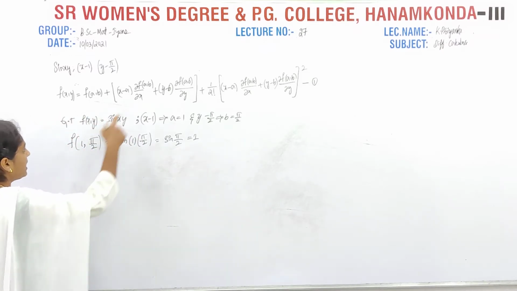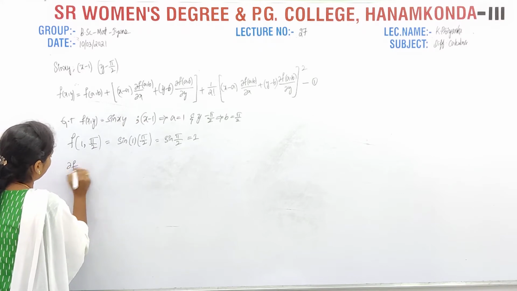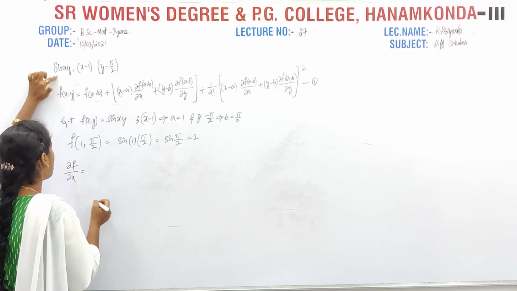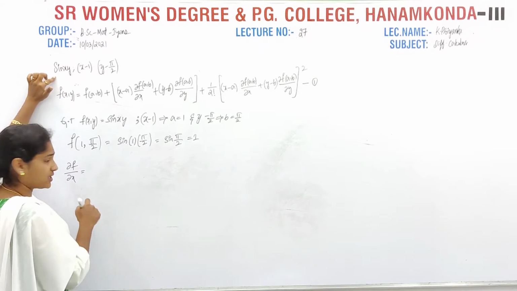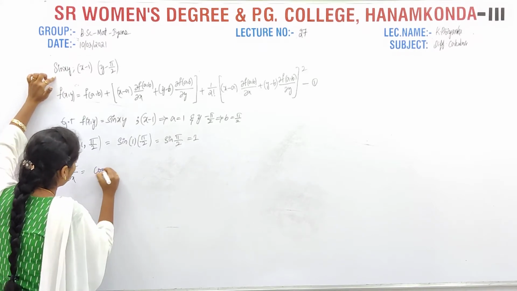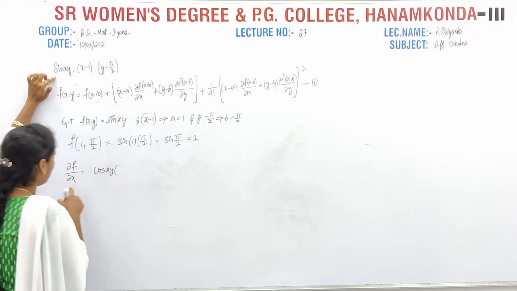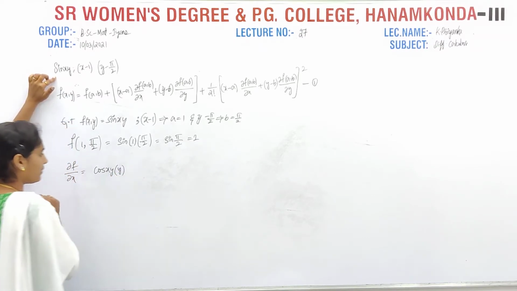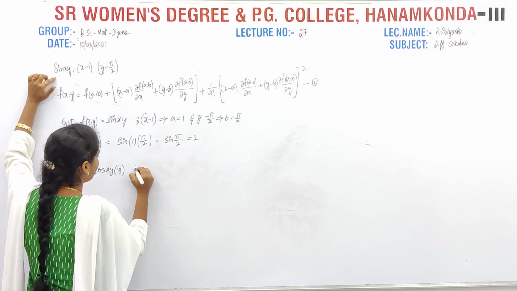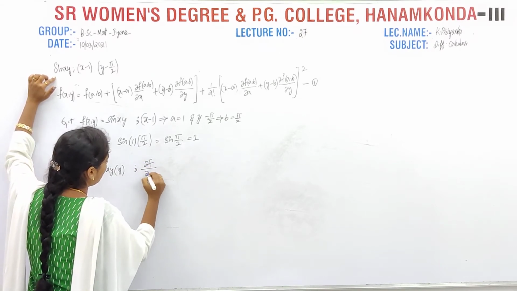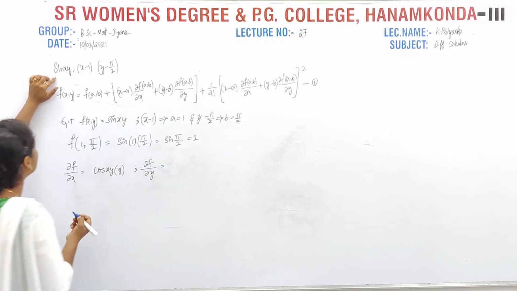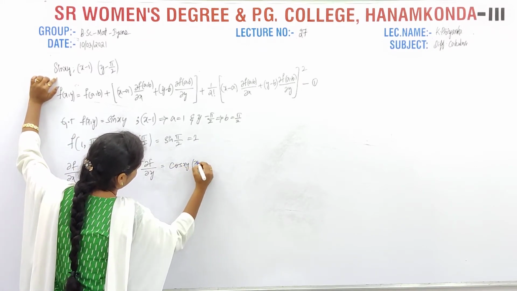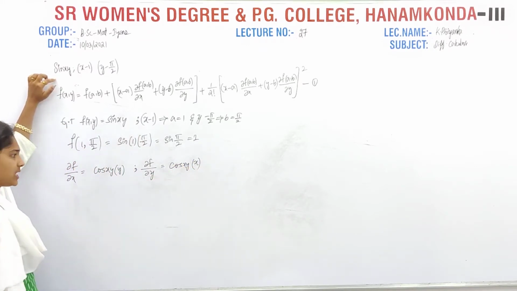Now I have to calculate dou f by dou x. Dou f by dou x means differentiation of sine xy with respect to x, then cos xy into, with respect to x, we will get y. Next is dou f by dou y, which is again cos xy into x, with respect to y, so it is x.